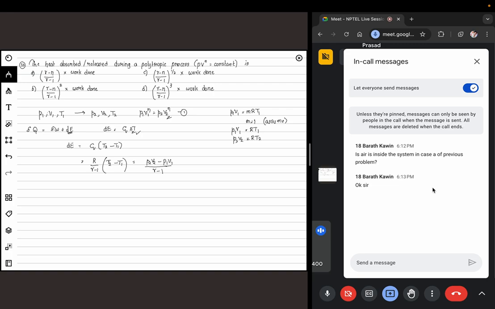And we already have the work equation from before, so work done is given by P2 V2 minus P1 V1 divided by minus n plus 1. So my heat interaction will be the sum of these two. If I just do this math, it's just a little bit of rearrangement.